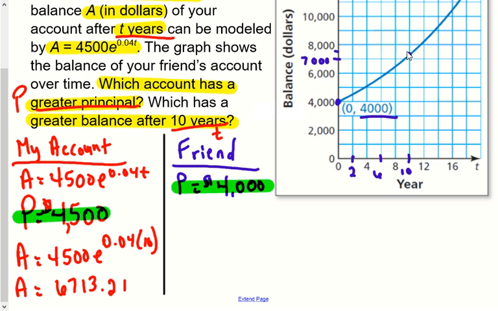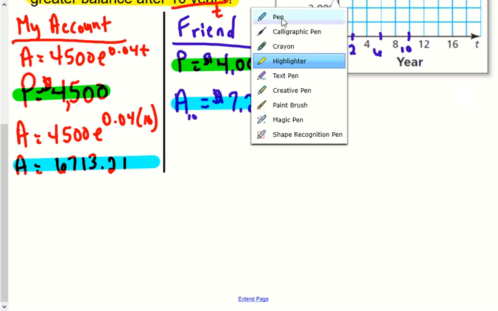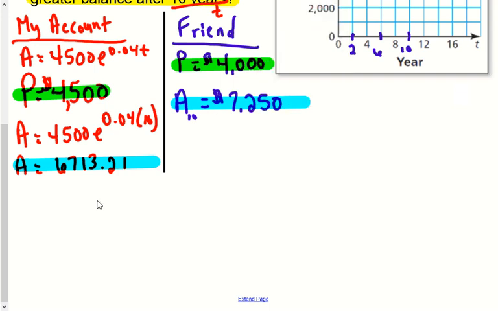This dot is not quite to 7,500, but it looks like it's about halfway between 7,000 and 7,500. So we're going to say that that balance at 10 years is going to be approximately 7,250 because it's about a quarter of the way up. So again, let's highlight that so we don't lose it. Both of our balances at 10 years. And then we can write down our final answer for both of those.